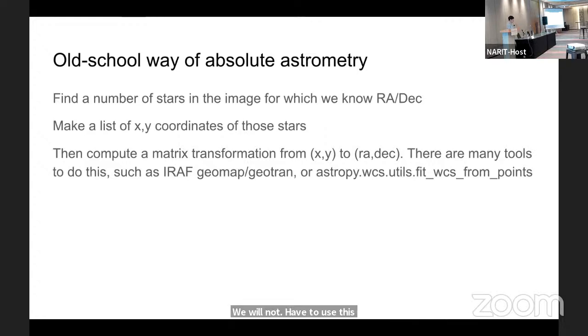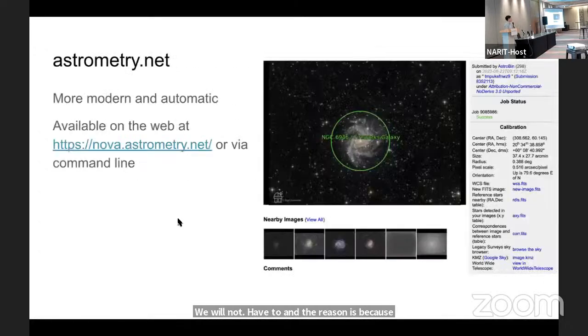The reason is because there's a tool called astrometry.net. It's a true-to-life website that you can go to and upload any astronomical image. It doesn't matter. It can be a FITS file, it can be a phone image, it can be a JPEG from an amateur astronomy camera, and then it will do some magic, and we will talk about the magic in a bit.